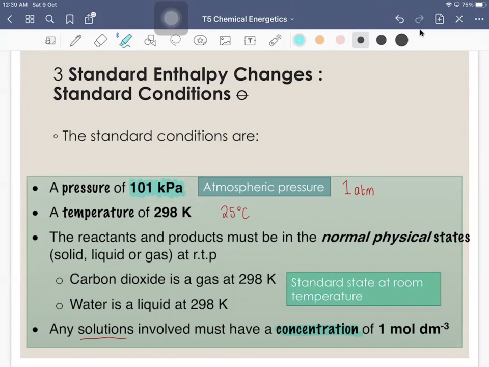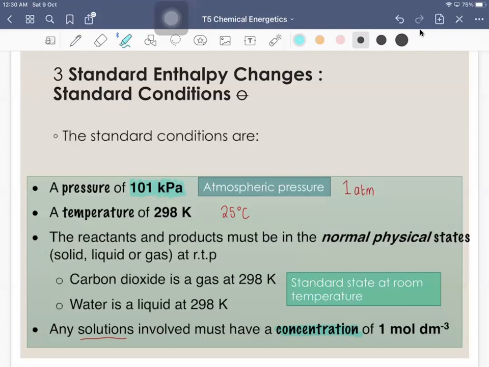temperature. For example, carbon dioxide, CO2, at room temperature at 298 Kelvin, it is a gas. So in order to use the standard condition, we need to use carbon dioxide gas, not carbon dioxide liquid or not carbon dioxide solid. Likewise, for H2O, at room temperature, it is a liquid.